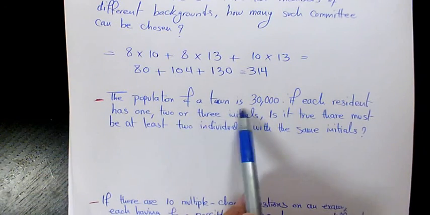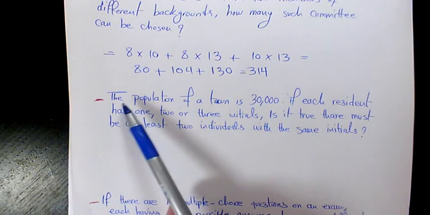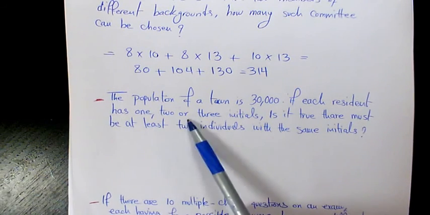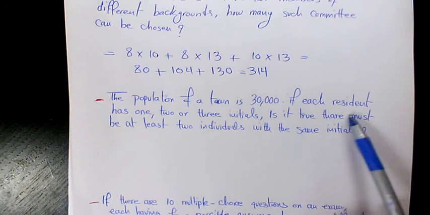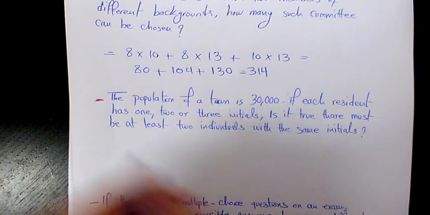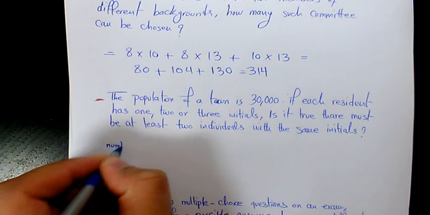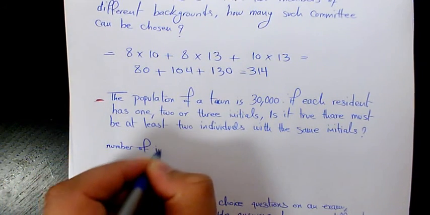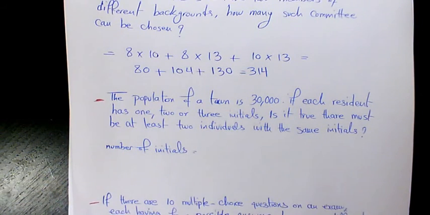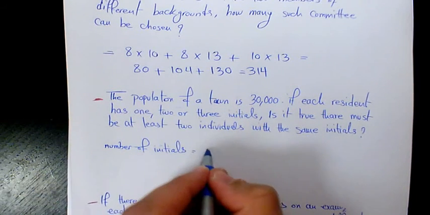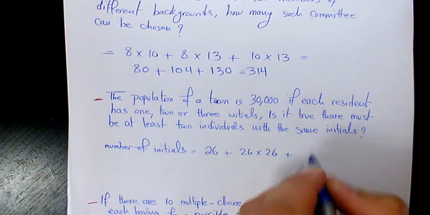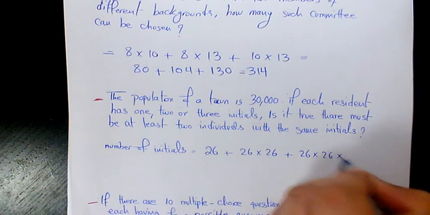The population of a town, that's basically like the other example we had. The population of a town is 30,000. If each resident has 1, 2, or 3 initials, is it true there must be at least 2 individuals with the same initials? The number of initials is going to be 1, 2, or 3. The other example was just 3. 1 initial is going to be 26, 2 initials is going to be 26 times 26, and 3 initials is going to be 26 times 26 times 26.